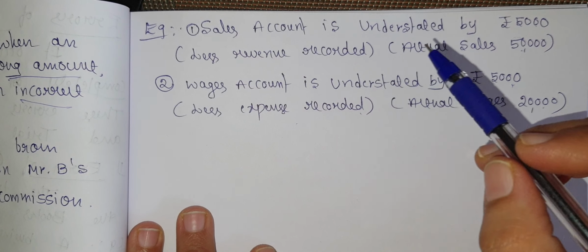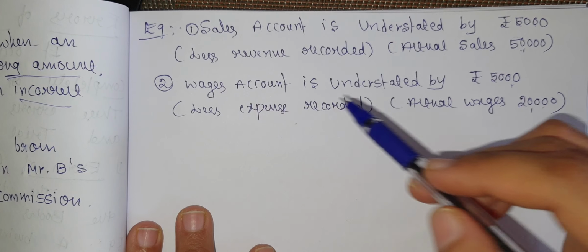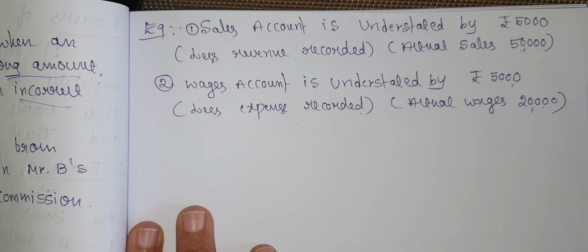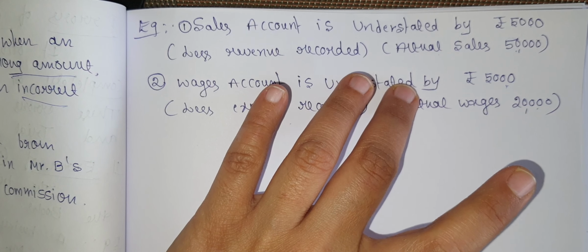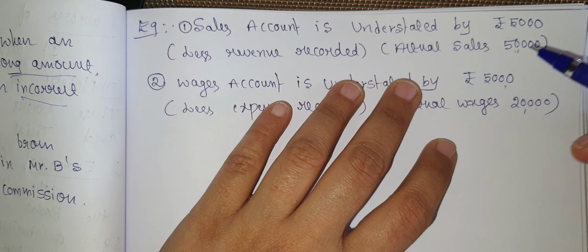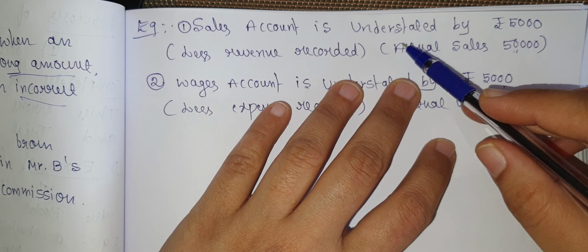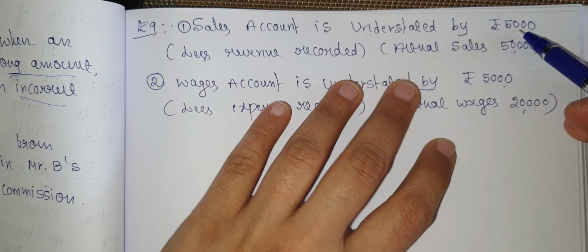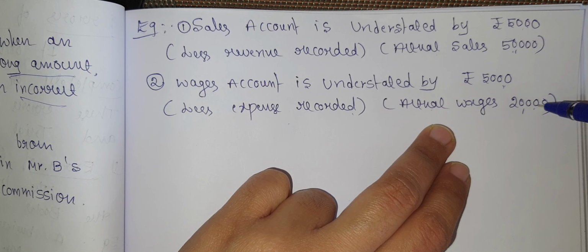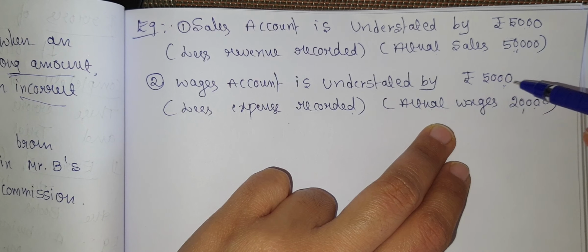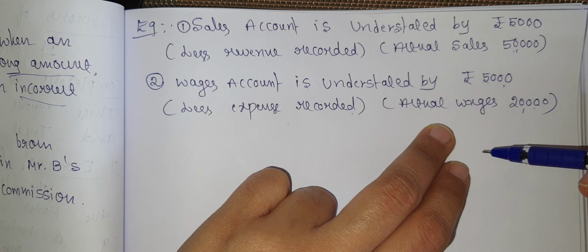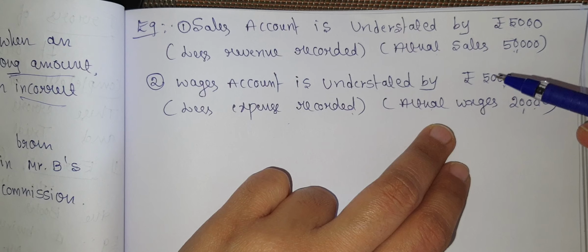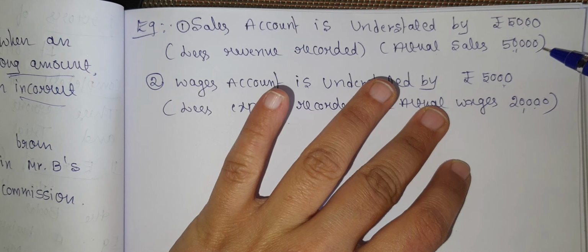Here sales is an income and wages is an expense. Both income and expenses are understated by the same amount, rupees 5,000.